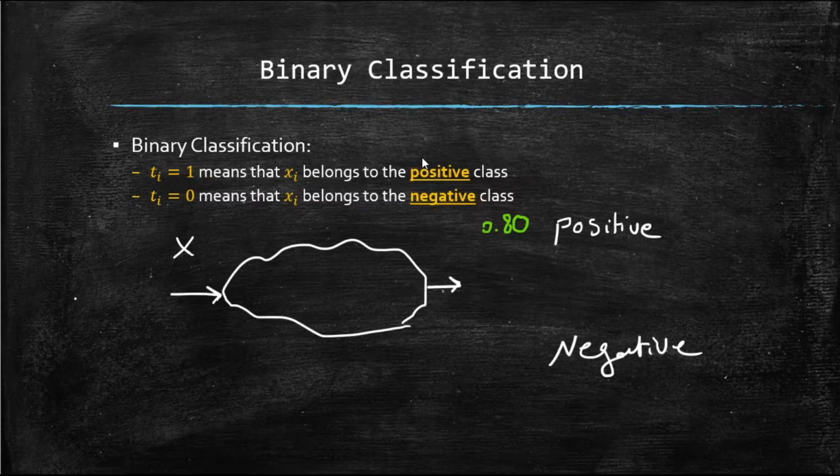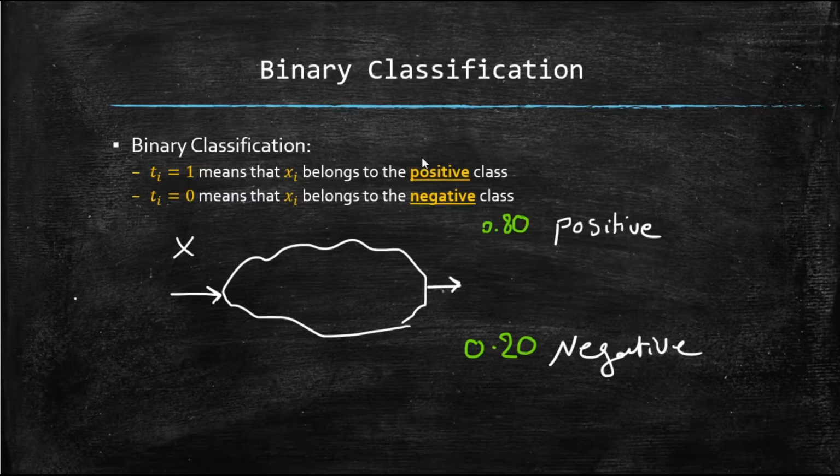That would be 20%, right? Because there are no other possibilities. The way it works is that you would just subtract 80% from 1, and that would give you the other part of your input space.